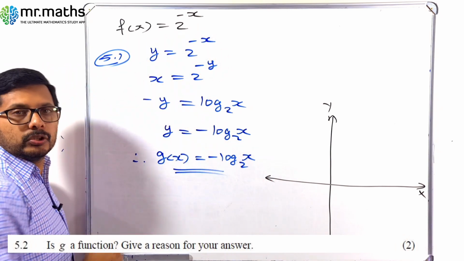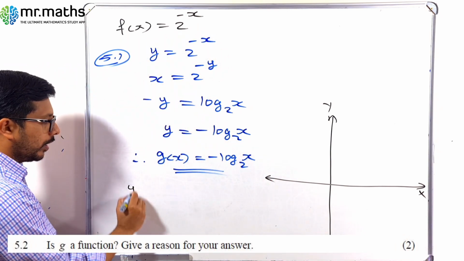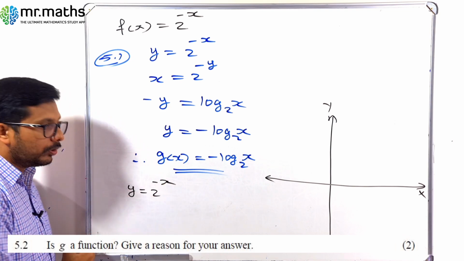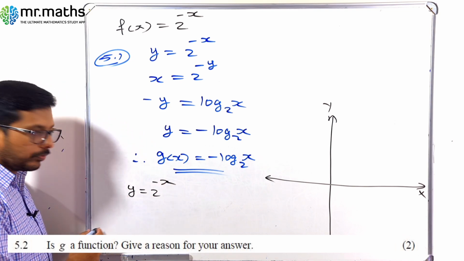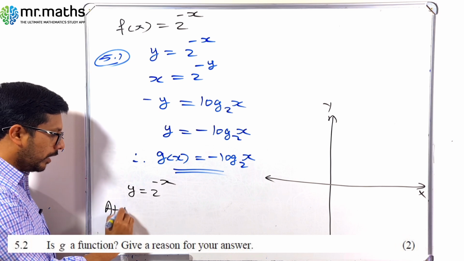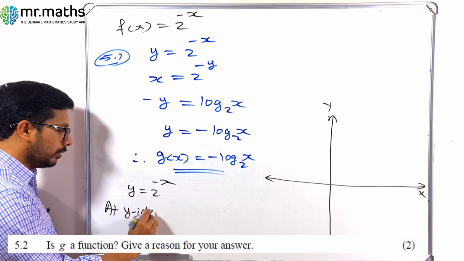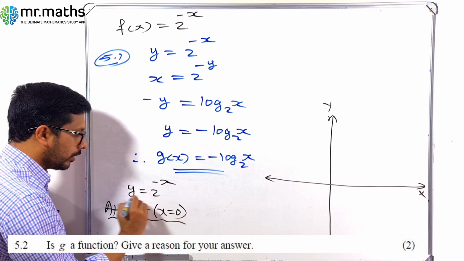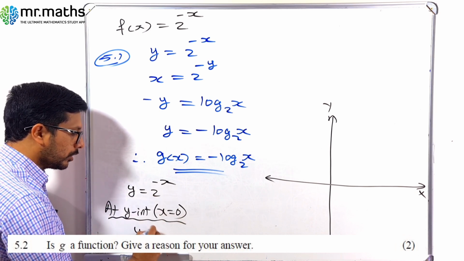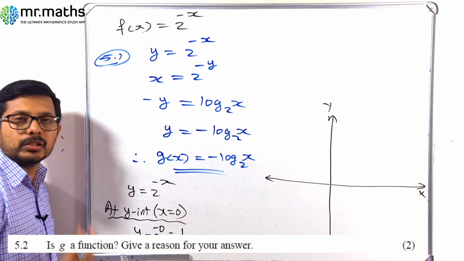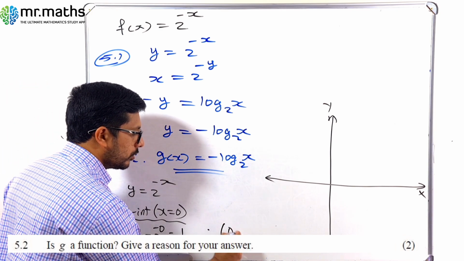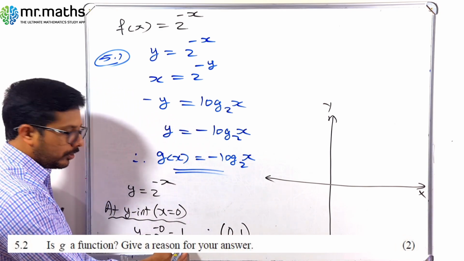F of x is equal to 2 raised to minus x, so y is equal to 2 raised to minus x. Am I right? Okay, so to find the y-intercept, you know that the value of x is 0. So y is equal to 2 raised to minus 0, that is, any number raised to 0 is 1. So what is the coordinate? X value 0, y value is 1.